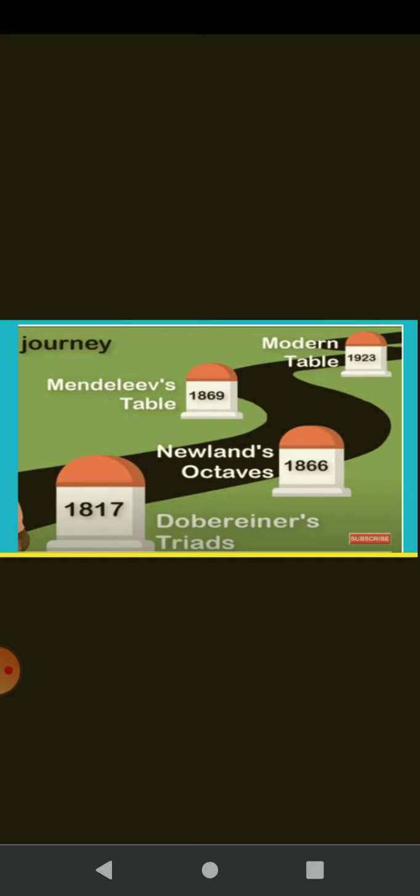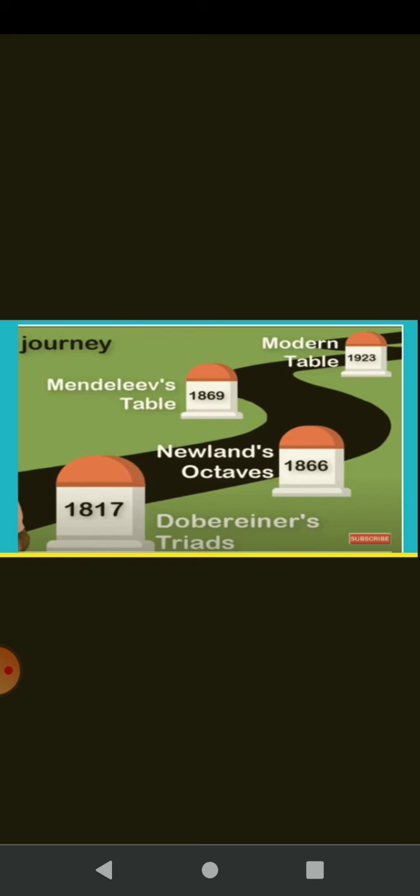So later on in the 19th century, in 1866, John Newlands gave the classification of elements, and his classification was known as Newlands' octaves. Then again some limitations were found in his classification.